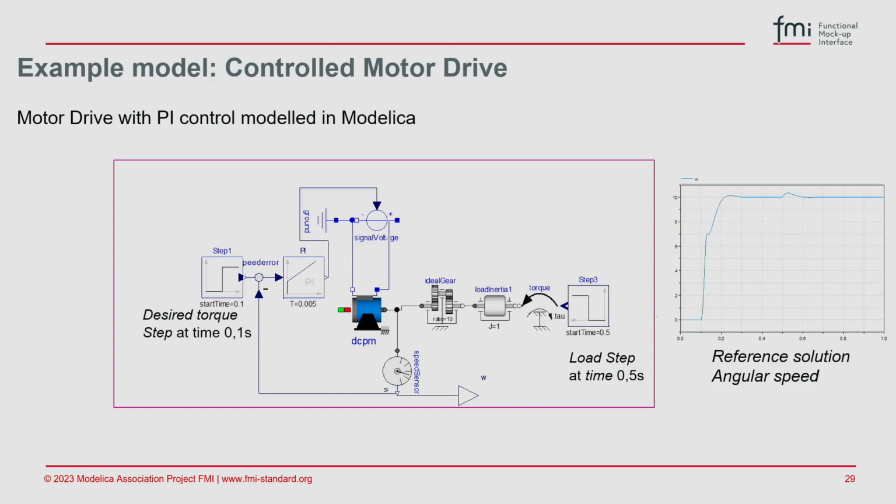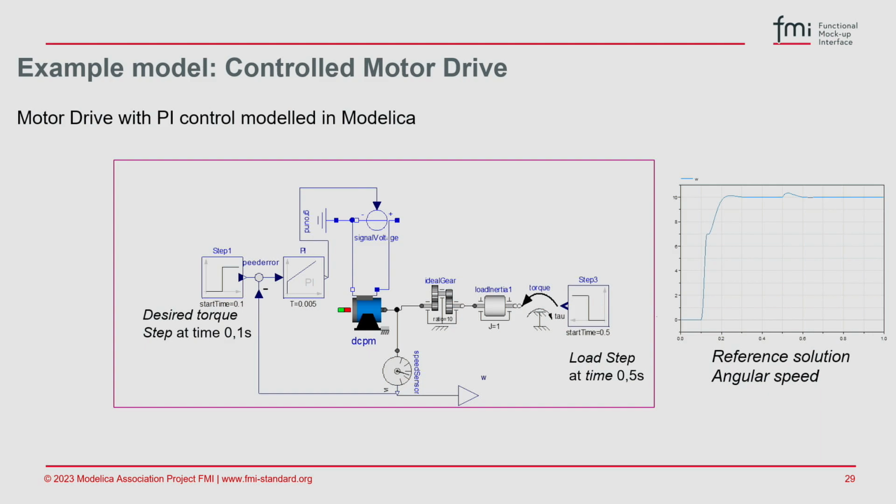One can simulate this model and get this result for the angular velocity. Here is the jump in the desired angular velocity. It has some internal dynamics, so you have a little overshoot here. And at time 0.5, you have a little bump in the velocity until it is controlled out by the controller.